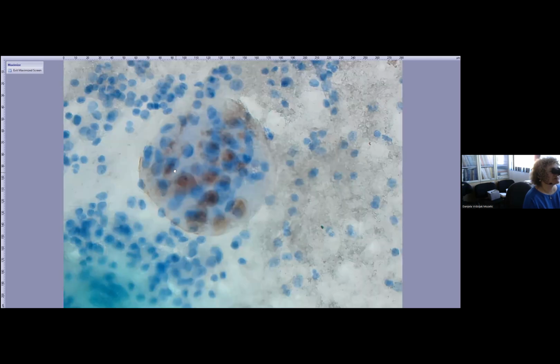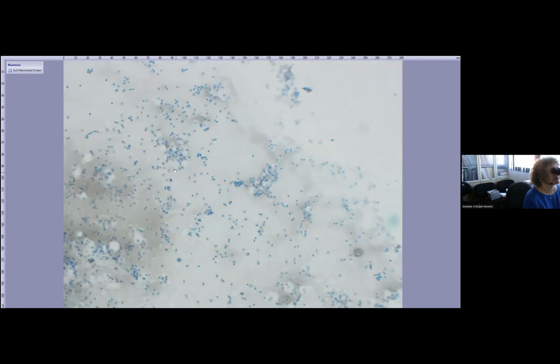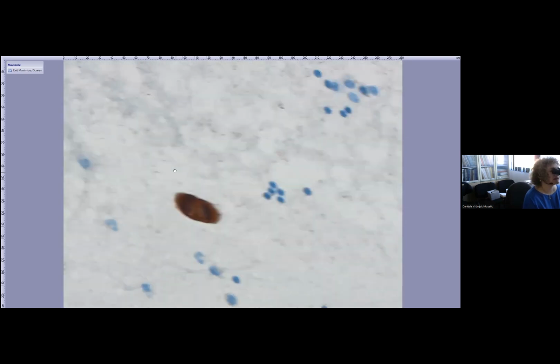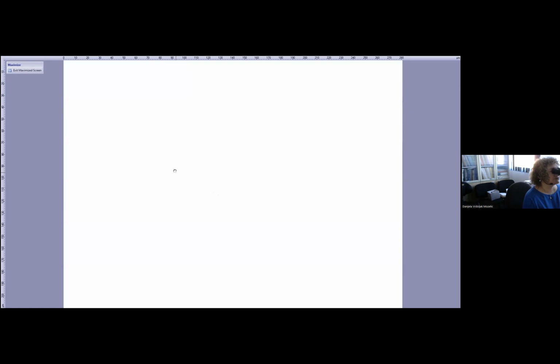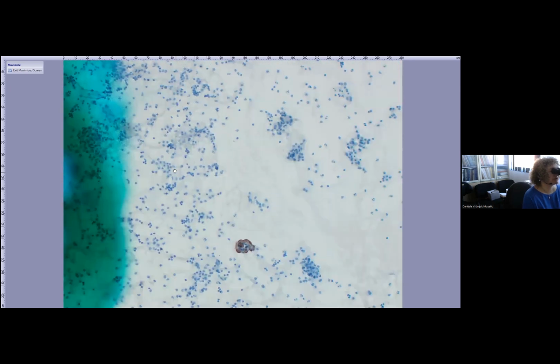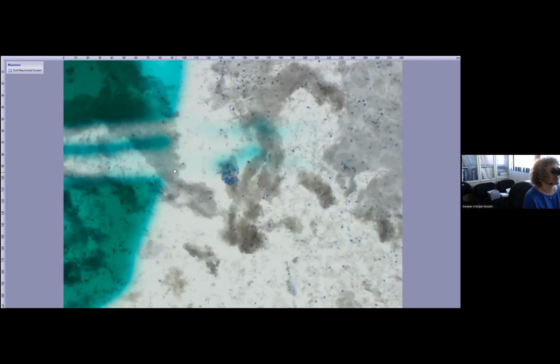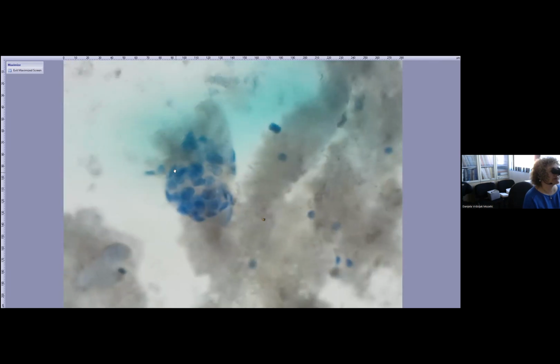Not so much here, but we have this previous cell, and here the two cells, really strong staining. So the two antibodies for the colonic origin were positive. So we wanted to see what about PAX8 for the ovarian origin, and it was negative.